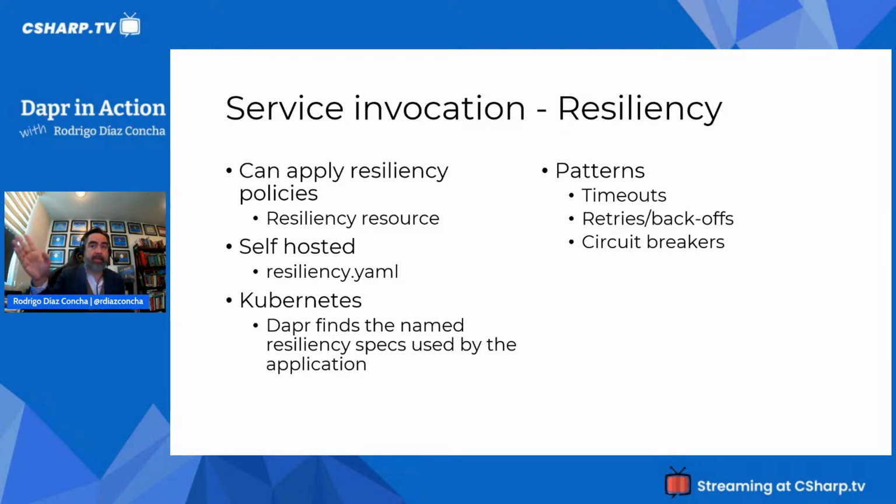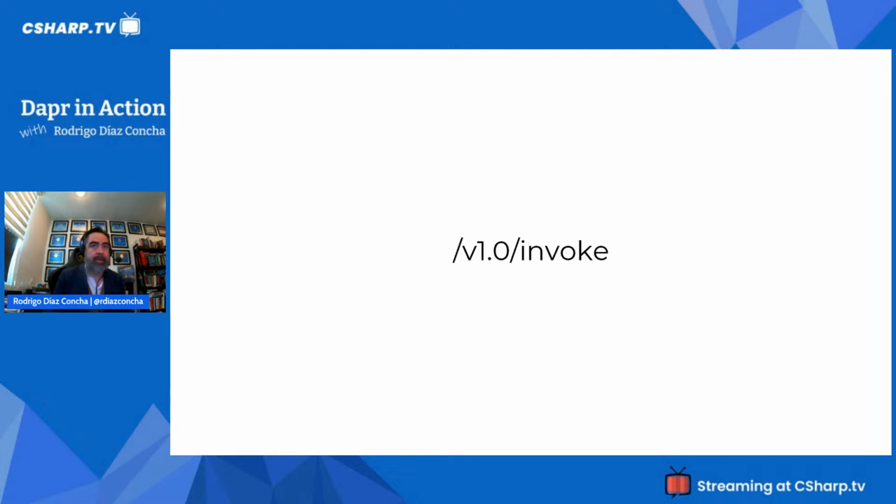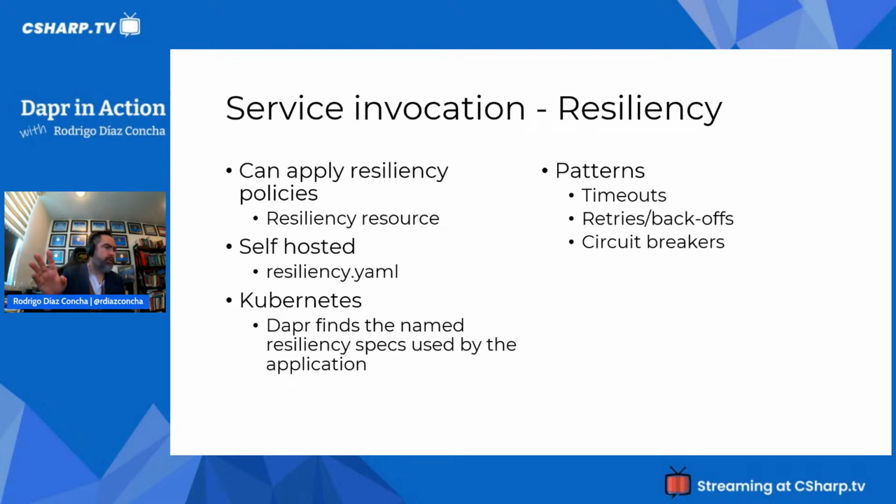And as I was mentioning before, there are some patterns that you can implement, right? Such as timeouts, retries with backoffs, and circuit breakers, and so on. And actually, I'm going to show you the documentation about the resiliency schema so we can create our own resiliency.yaml file and test this out.